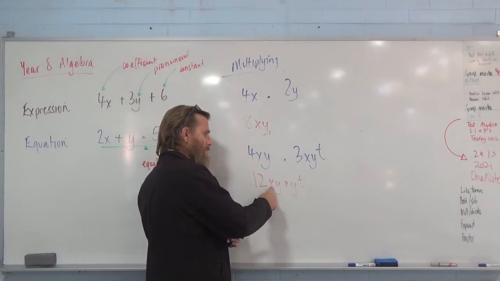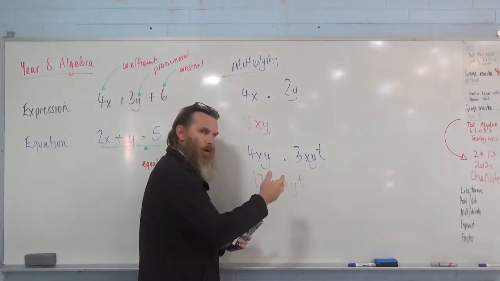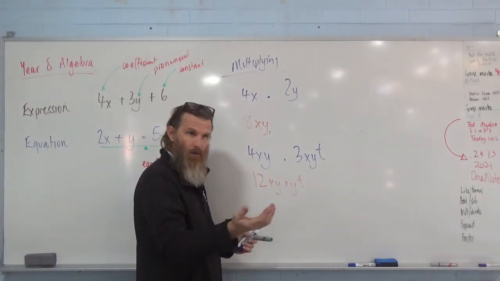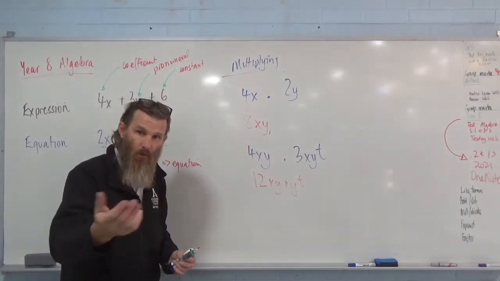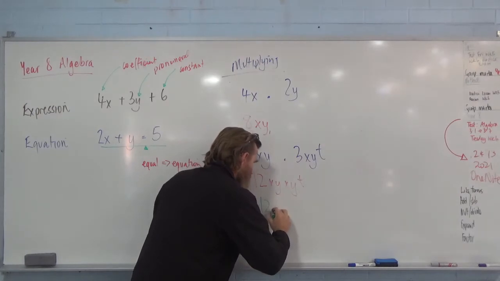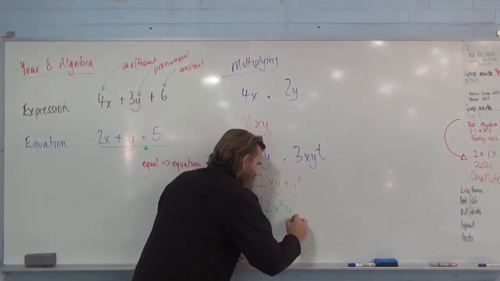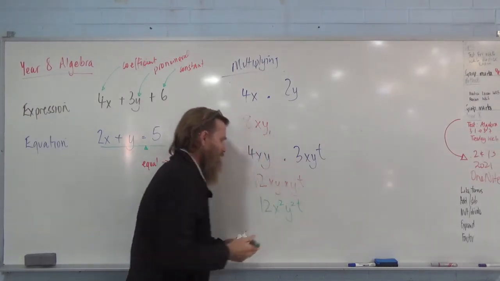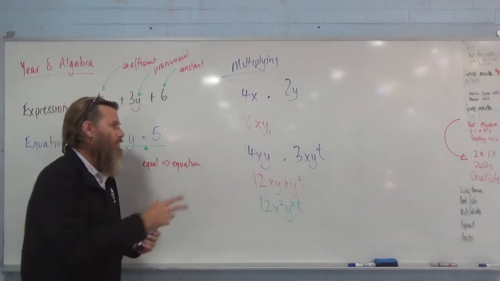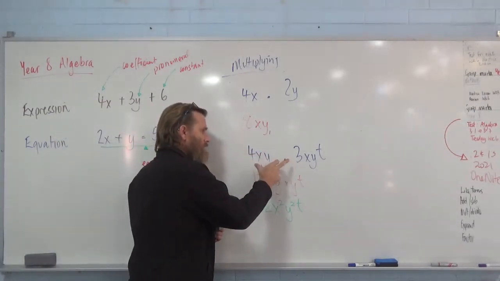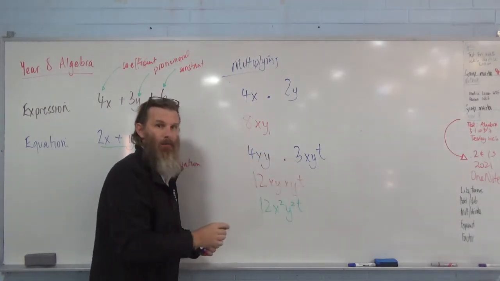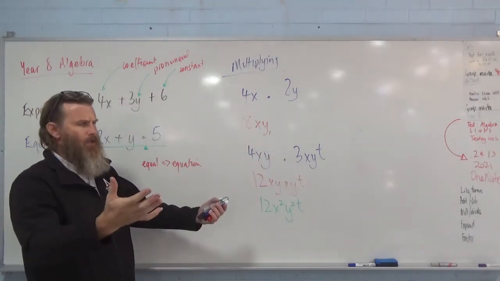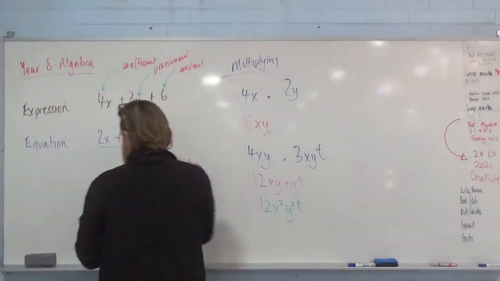Rather than writing x and x, we write x squared. Instead of writing y and y, we write y squared. So this becomes 12 x squared y squared t. Multiply the numbers, place the letters, tidy up. Easy. Lots of examples in the book on that one too.